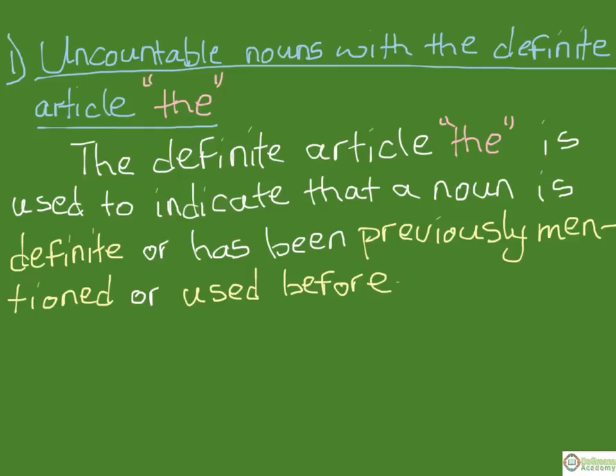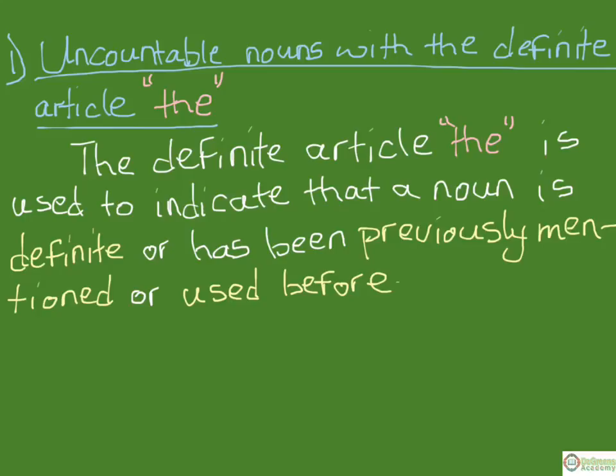So we can only use the definite article the when that noun is definite or when that noun has been previously mentioned or has been used before, which means we are aware of it. And so that is only when we can use the definite article the.